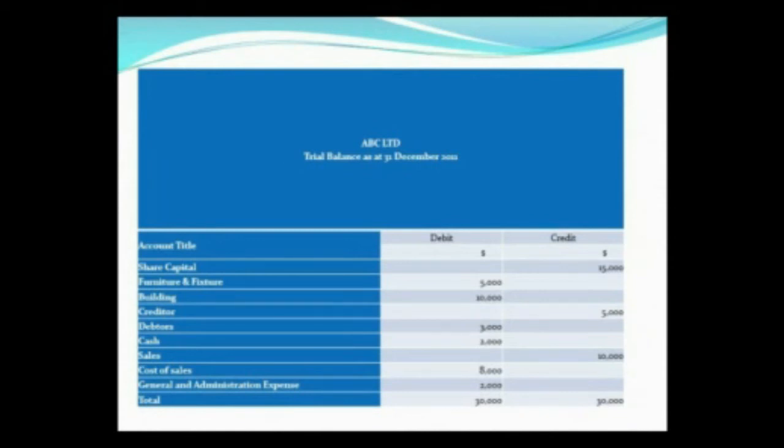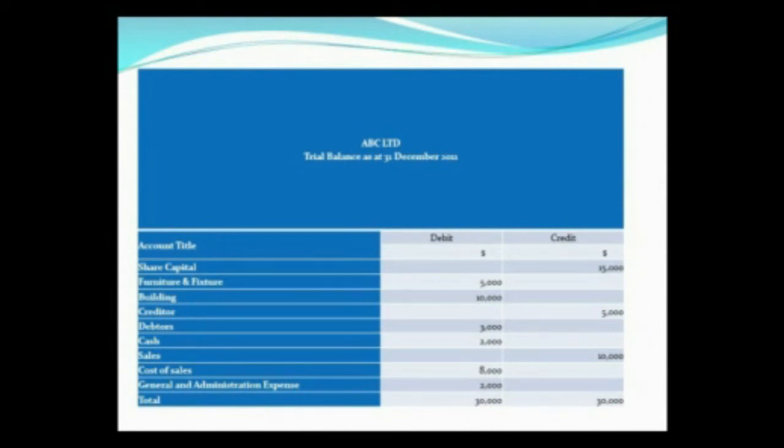After mentioning the account titles, we mention the amount which we get after closing those accounts. If we get the debit balance, we mention the amount in the debit column, and if we get the balance in the credit, we mention the amount in the credit column.